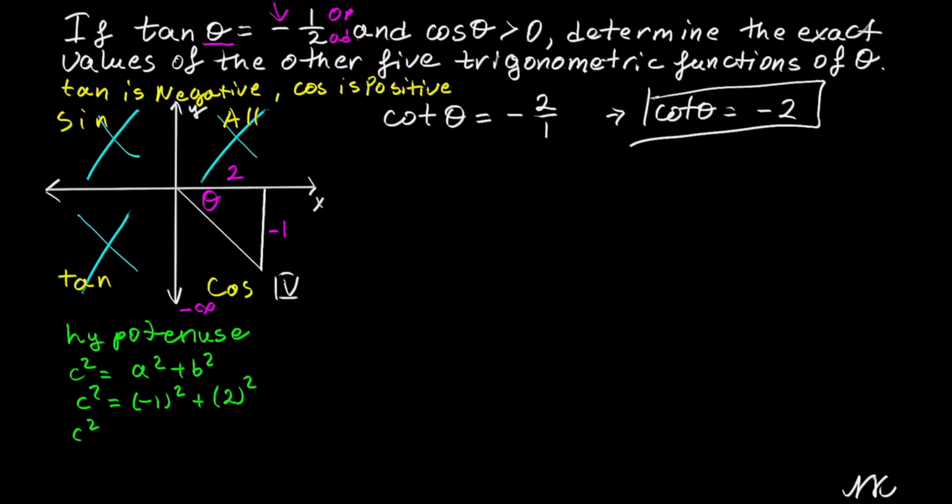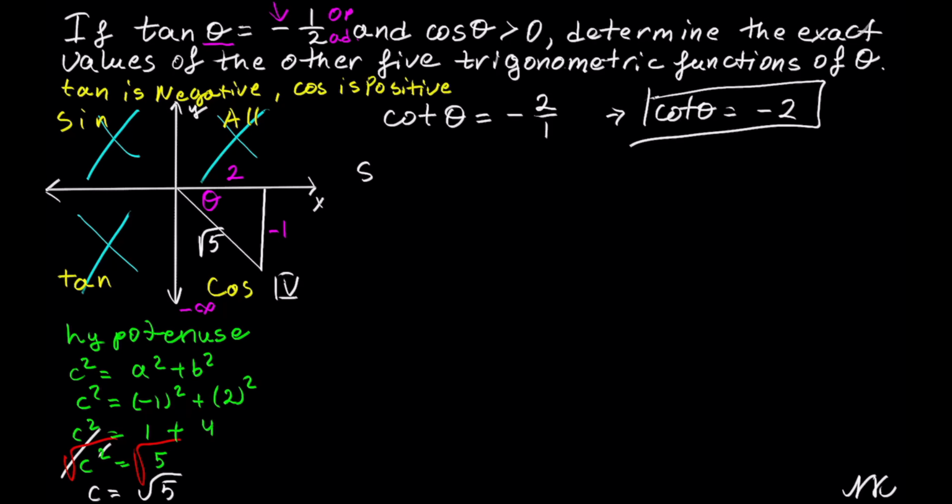We get c² is equal to -1 times -1, we have a +1, plus 2 times 2, we have a 4. c² is equal to 1 plus 4, which is +5. In order to solve for c, we need to do the inverse of squaring, which is a square root, and whatever we do to one side, we need to do the same thing to the other side. Square root and a square will cancel, and we get that c is equal to radical 5. So the hypotenuse of this right triangle is square root of 5.